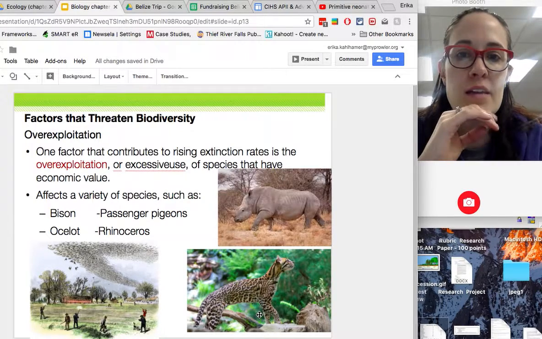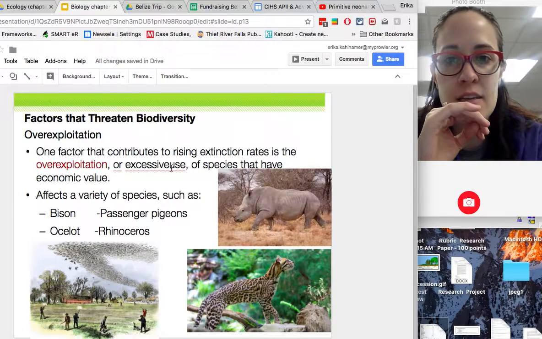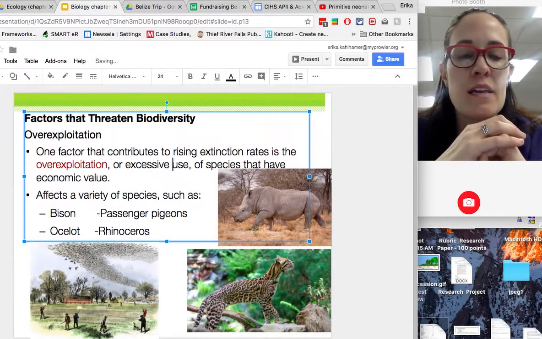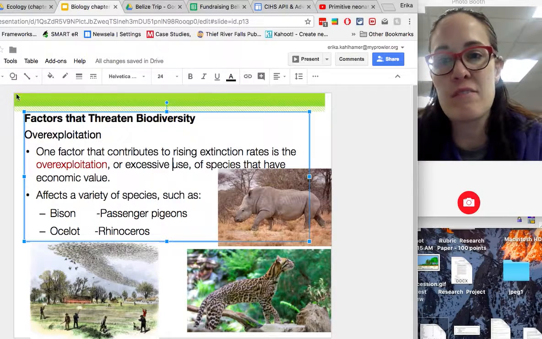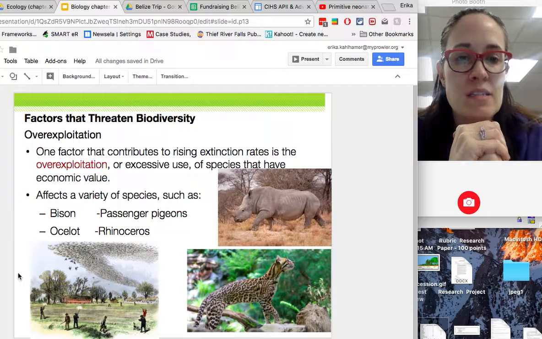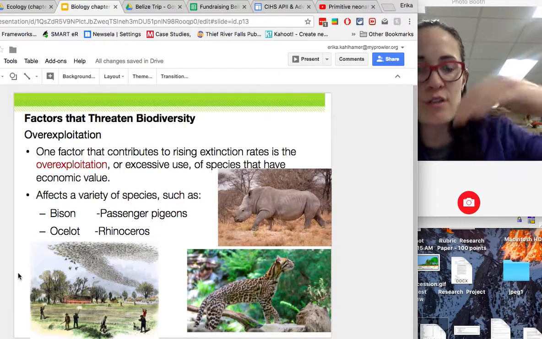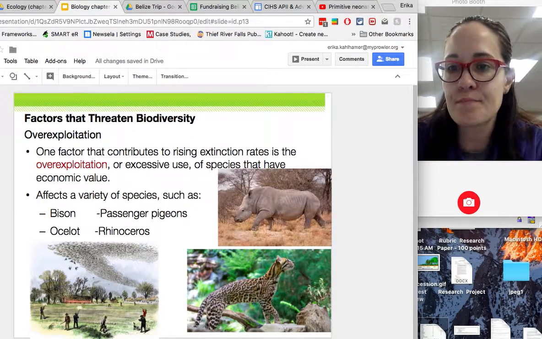And here are passenger pigeons. This is hunting animals, typically for direct economic value, without thinking about how the species could become extinct. This is overexploitation. It has led to decreased biodiversity.